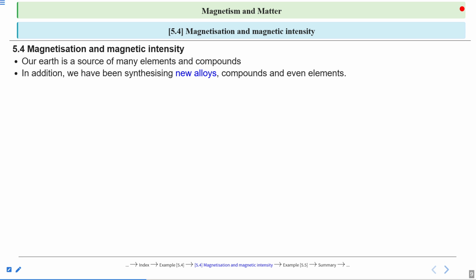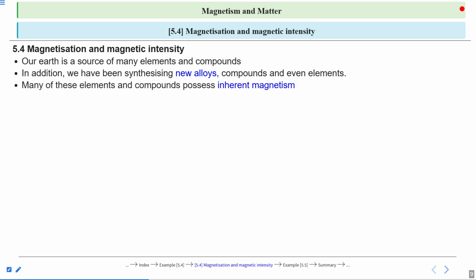We are also synthesizing alloys. Alloys can be natural, but we synthesize many alloys to enhance the properties of the material. We are synthesizing semiconductor compounds, various compounds, and even elements.